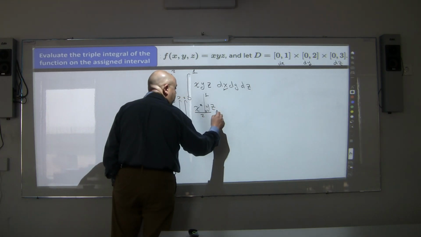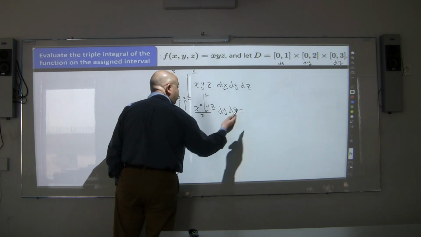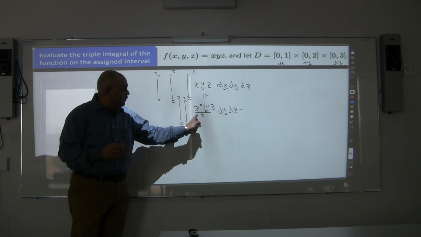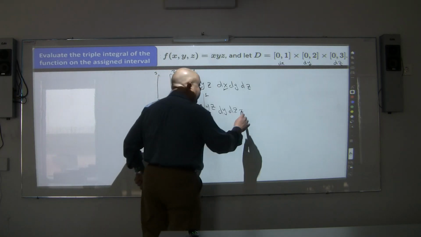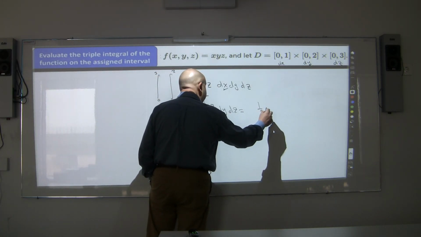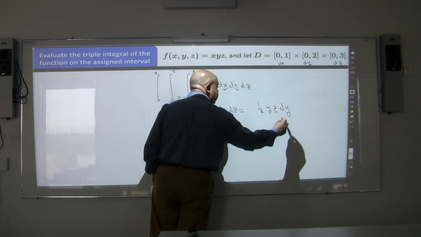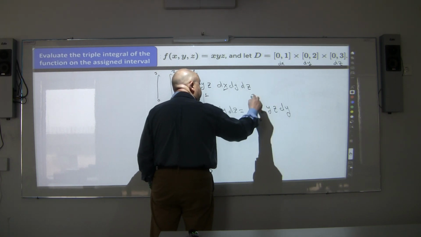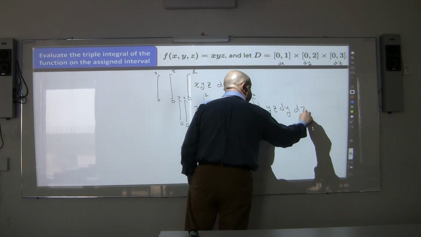And in the same way, this is going to be dy and dz. So if we make the substitution, it's going to be just a half, minus, replace x with 0, so all you have now is just 1 over 2. And then I have yz, and I'm integrating once more with respect to dy, and the integration limit is from 0 to 2, the other one is from 0 to 3, and that's for dz.